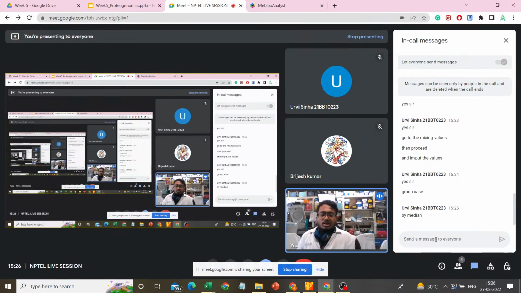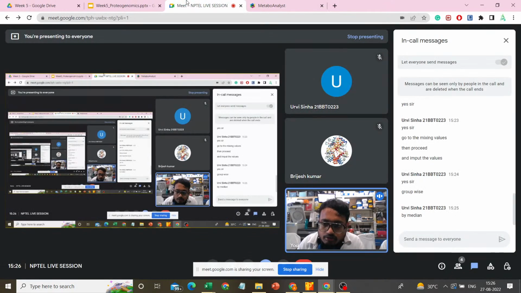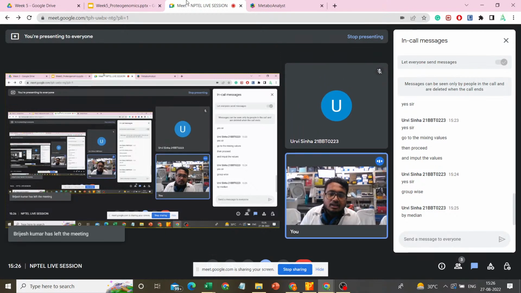Median is one kind of normalization, so that the sample means come to a particular place, and after that we can find out the differences, that which features are differentiating, are there any significant features that are differentiating the two groups, right? Transformation: for our biological data we generally perform a log transformation so that the different scales or intensity levels come to a common scale, right?